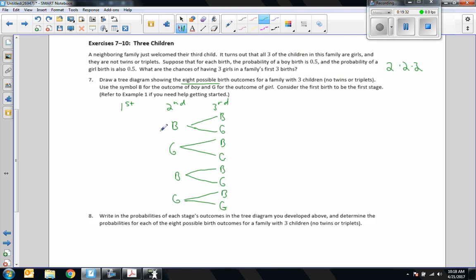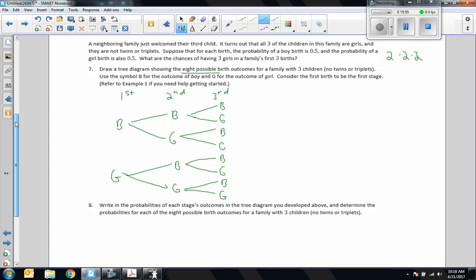There we go. Boy, boy, girl, girl, boy, girl, and then boy, girl off of that one. 1, 2, 3, 4, 5, 6, 7, 8 possible outcomes. Okay. So there is my tree diagram.